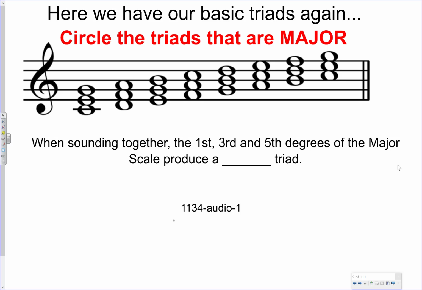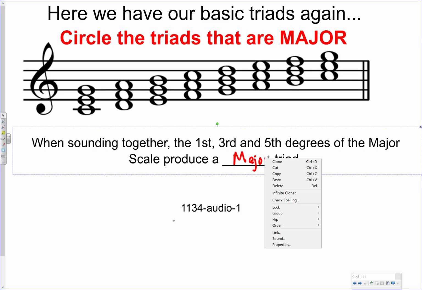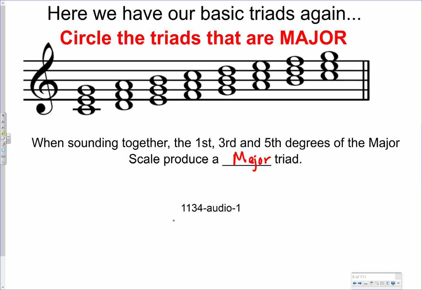Remember, when sounding together, the first, third, and fifth degrees of the major scale produce a major triad. So let's do one of these together before we try doing some by ourselves. So first I'm going to recall that triads consist of a root, a third, and a fifth.